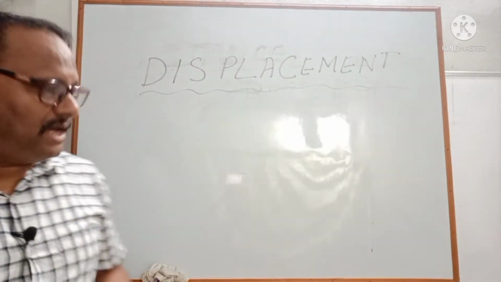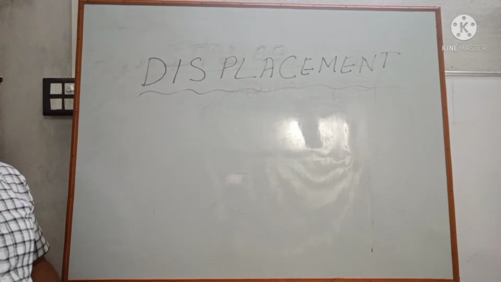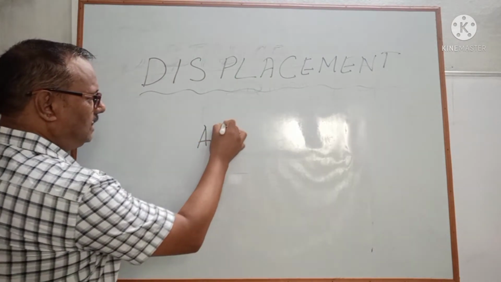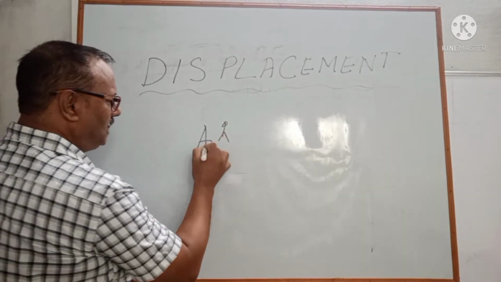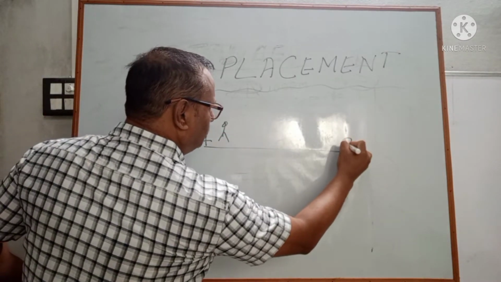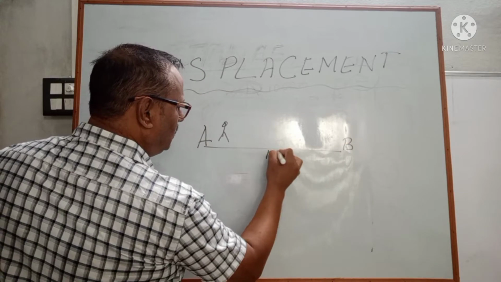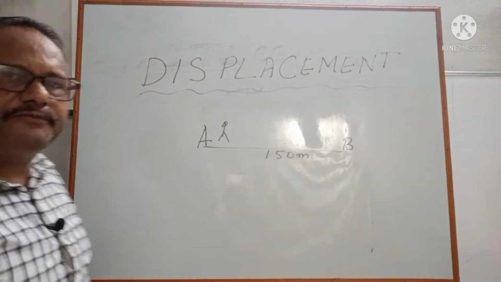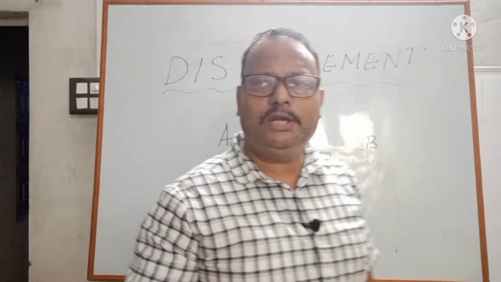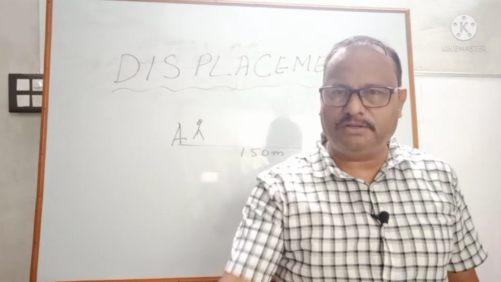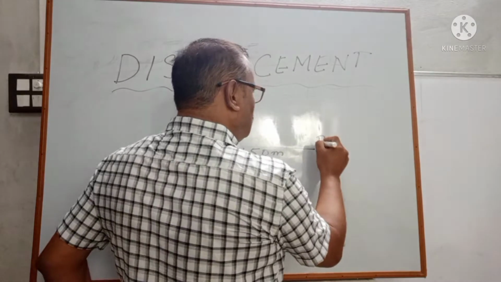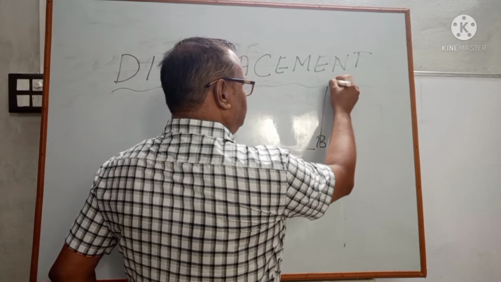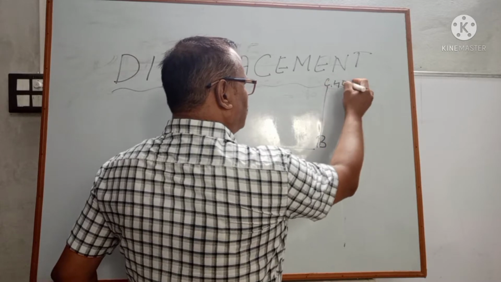Displacement is not the actual path of the movement of the object. For example, if point A is here and a person is standing around here, he travels to point B, which is 150 meters. After traveling from point A to point B 150 meters, the person travels towards east another 40 meters to the point C, 40 meters.